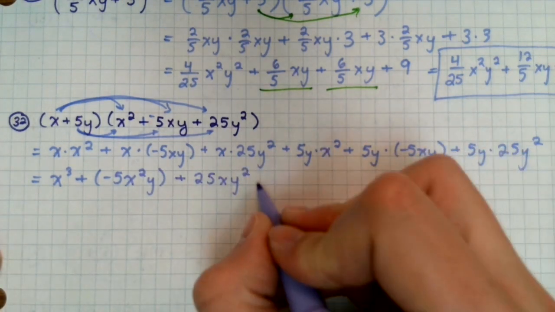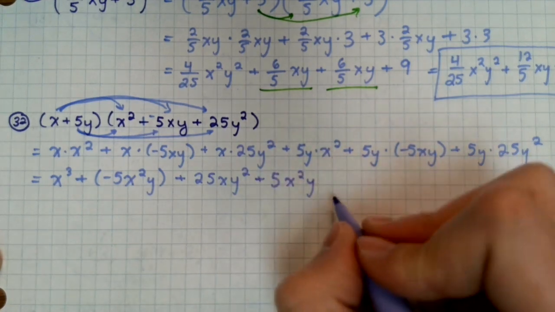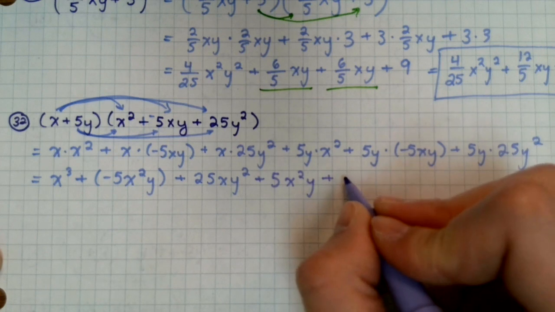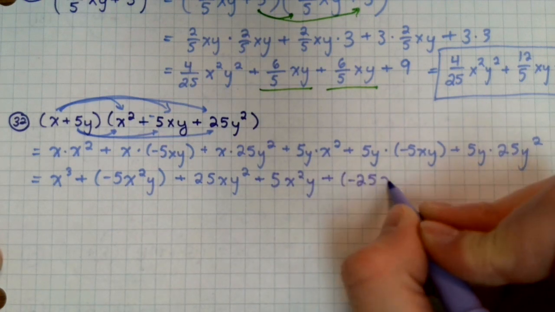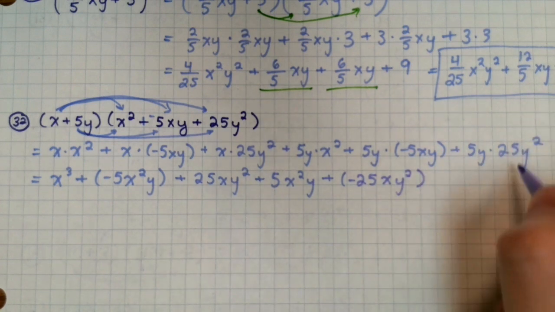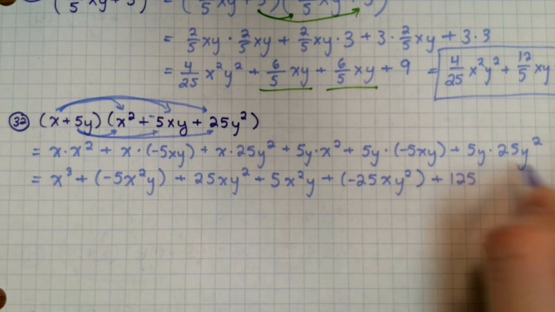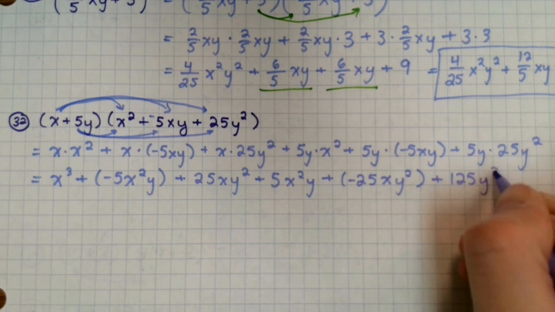This here, again rewriting it in the proper order, will be 5x squared y, plus 5 times negative 5 is negative 25, and then this will be xy squared. And then, last but not least, 5 times 25 is 125, and then y times the y squared is going to be y cubed.